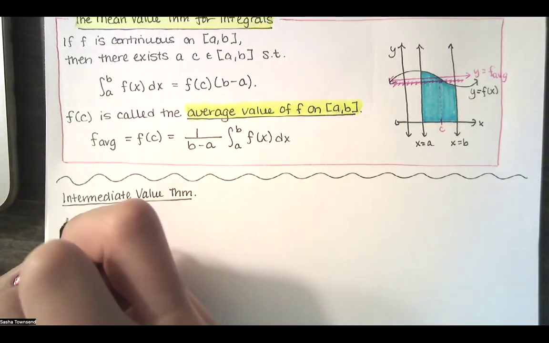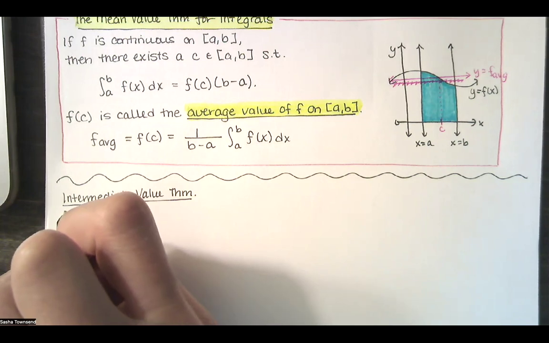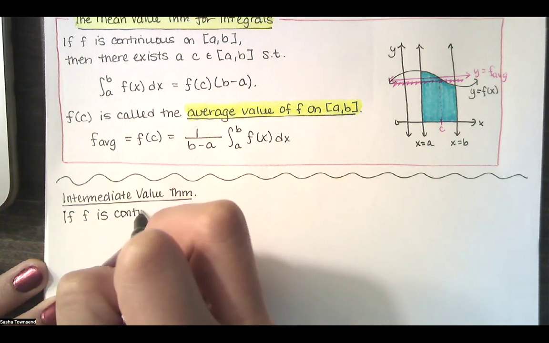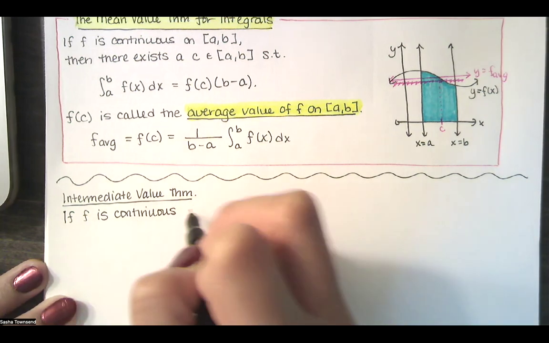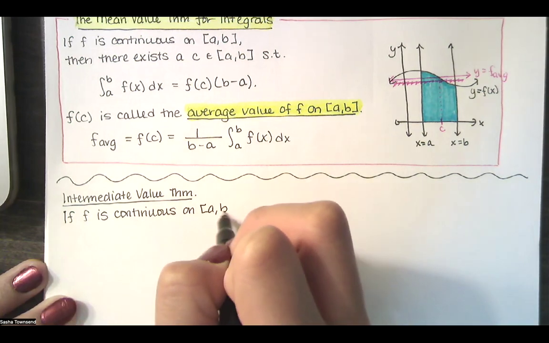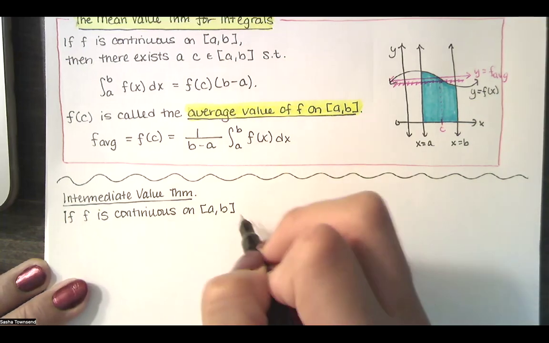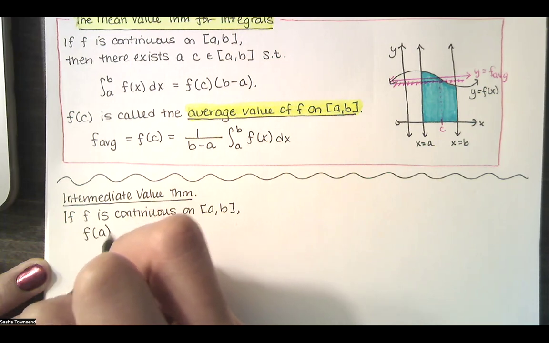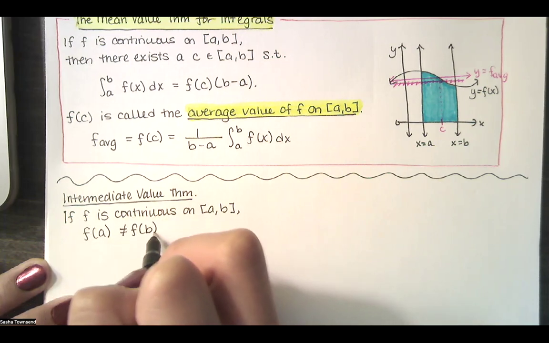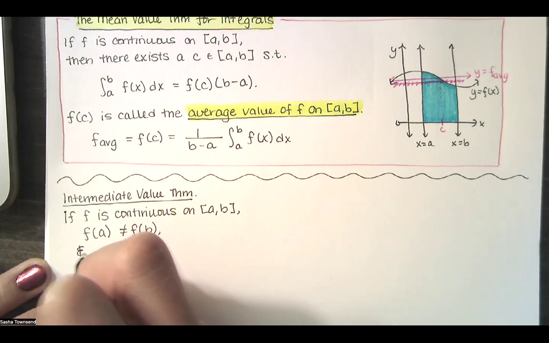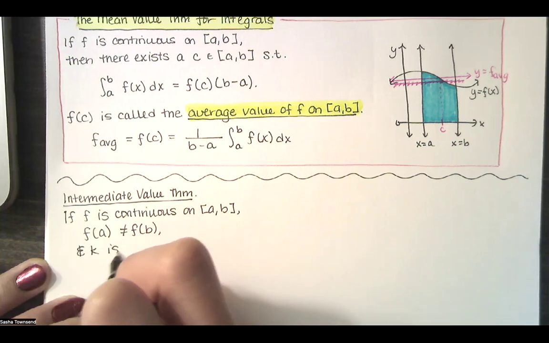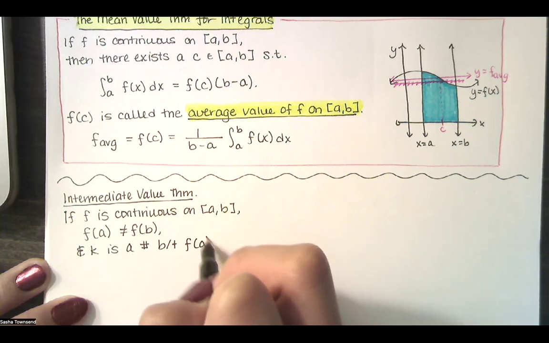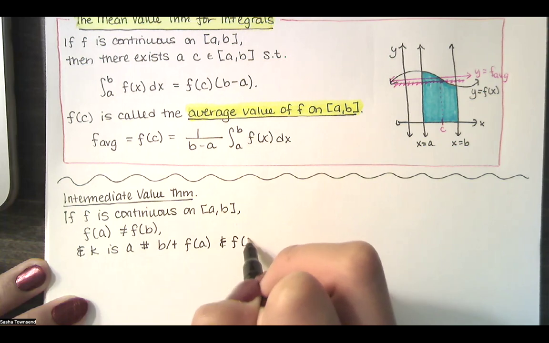We said, if f is continuous on the interval from a to b, and if f of a is not equal to f of b, and k is a number between f of a and f of b.